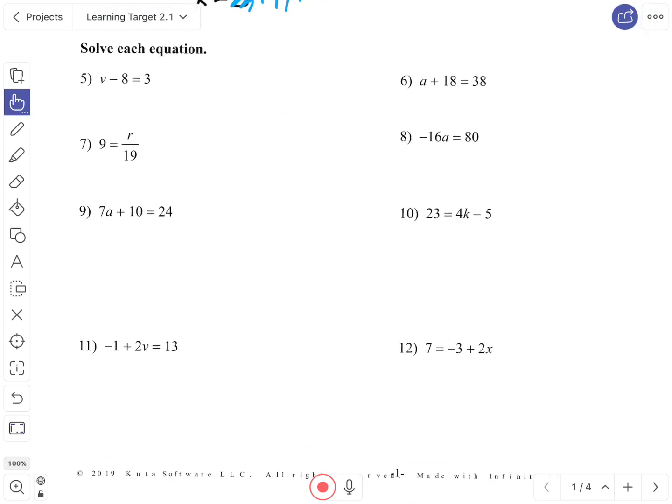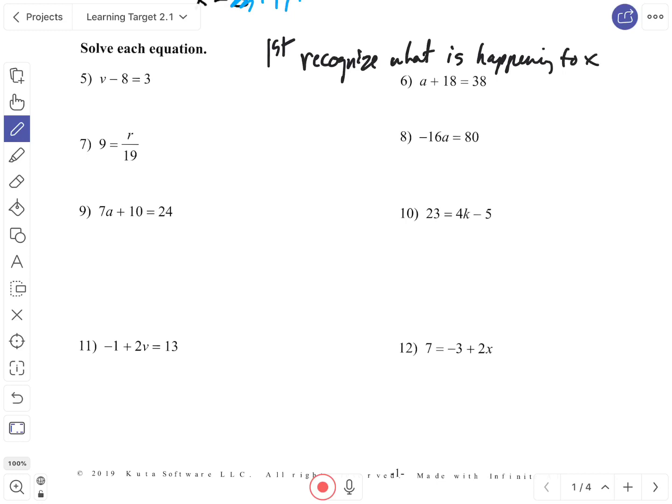Alright, now the rest just wants us to solve each equation. Now we're starting out with some simple ones, okay? And the whole idea when we solve an equation, the thing you're thinking about is, the first step is to recognize what is happening to x. Second step would be to simplify as much as possible.